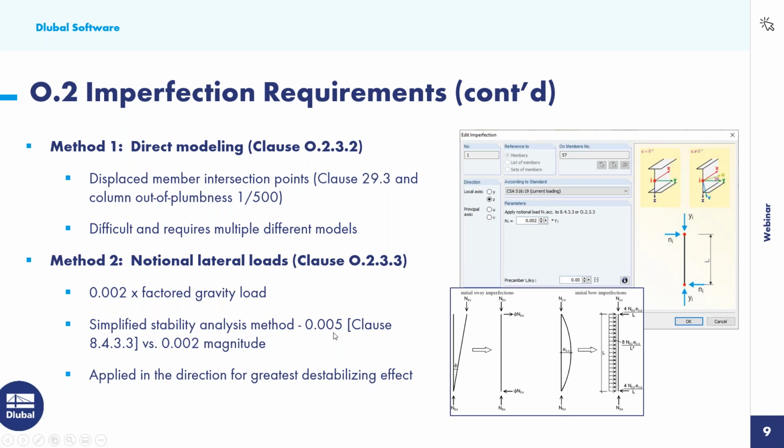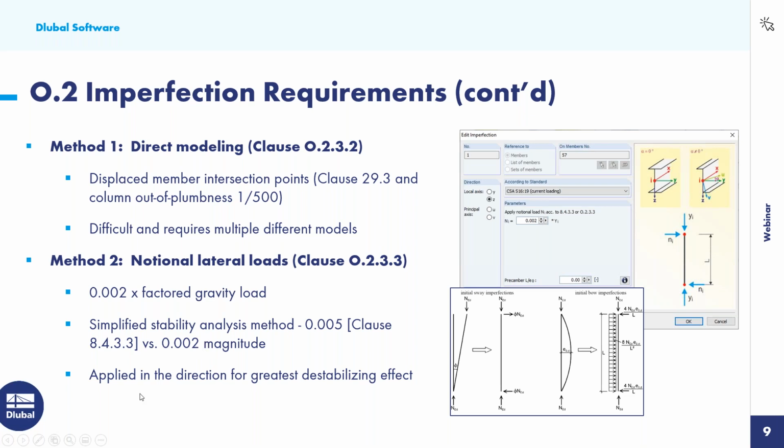We have a bigger magnitude of 0.005 in front of the factored gravity load for the simplified stability analysis, as opposed to 0.002 in Annex O. And the reason for this is that the 0.005 from the simplified method is going to account for other effects such as inelasticity, whereas within Annex O, all we're accounting for is global geometric imperfections, and that 0.002 comes from 1/500 for an imperfection value that we saw with column out of plumbness, for example.